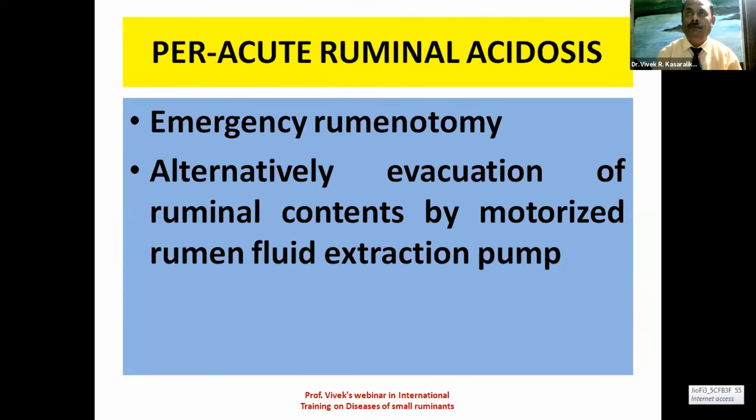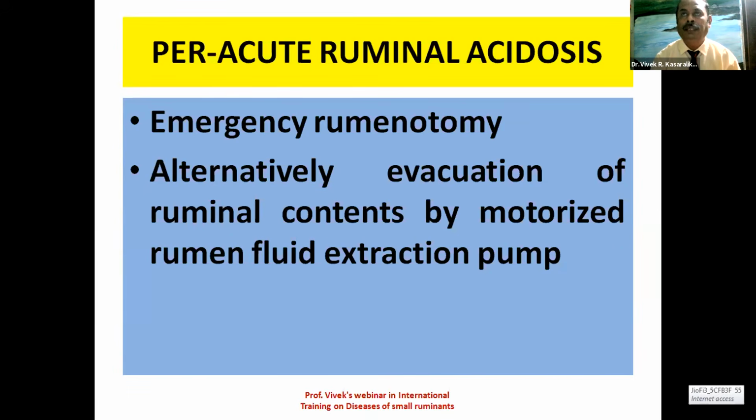The motorized rumen fluid extraction pump remains the same for large or small animals. It has a 0.5 HP motor, and you need a specialized extraction rumen probang, which can be inserted into the rumen and connected to this motorized extraction pump, and within no time you can remove the fluid. What we have in our OPD evacuates at least 1 to 1.5 liters of fluid in about 5 to 6 minutes. So that much rapidity is there, and these 0.5 HP motorized pumps are very handy as an alternative approach. So evacuation of rumen contents is very important.